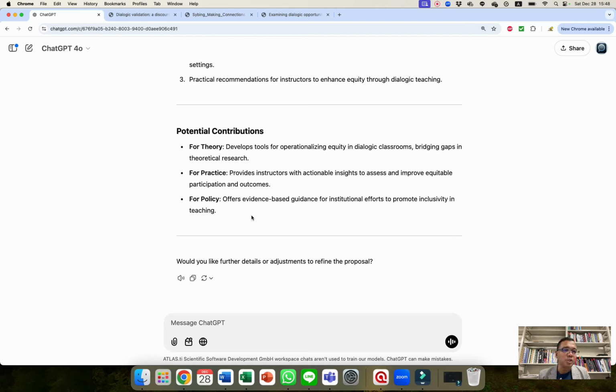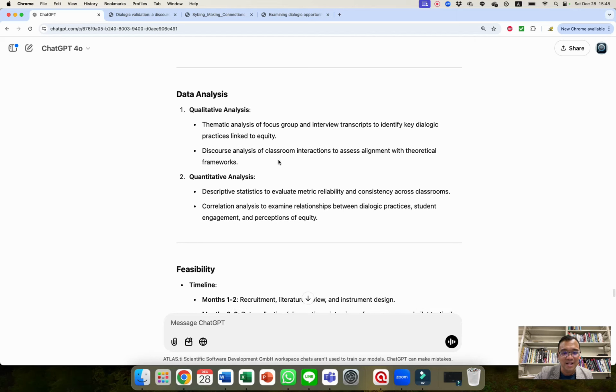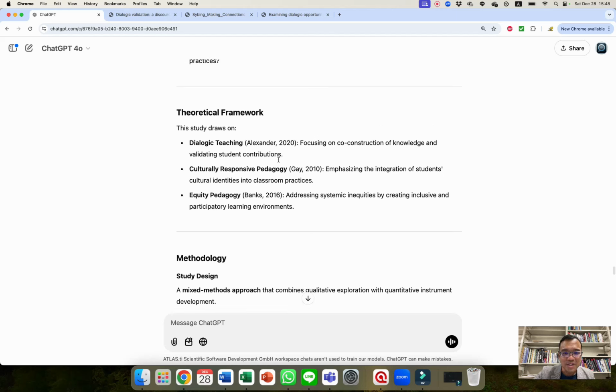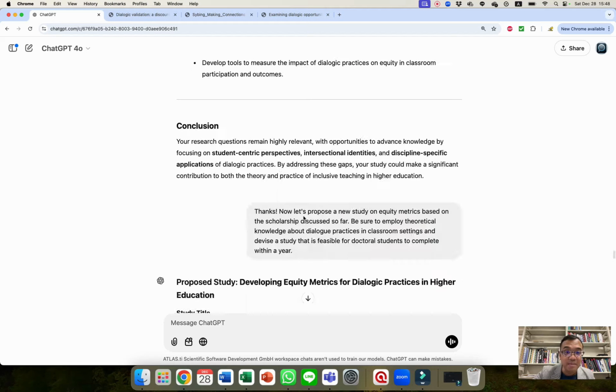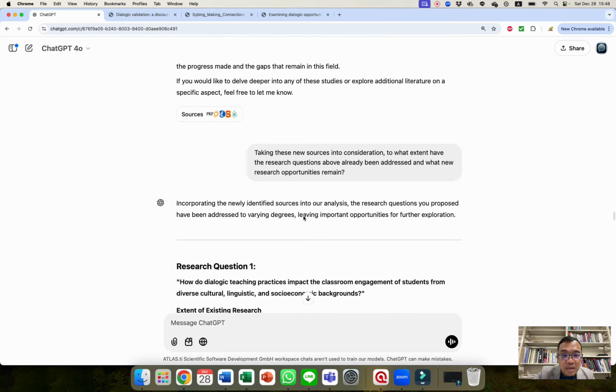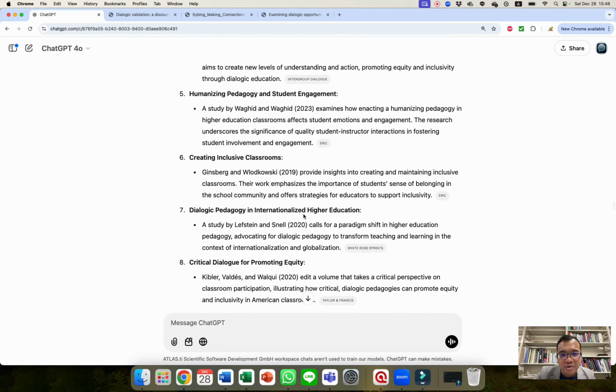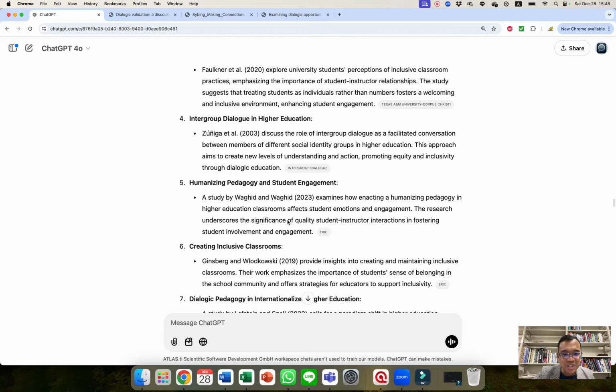And more importantly, make sure that you validate all of the sources that are provided in this proposal. For example, it might suggest to you Alexander, Gay, and Banks. Now, if you are bringing articles into a ChatGPT prompt so that it can take them into consideration, it may be looking at the reference list, and it may be looking at other proposals, maybe other studies such as these listed here.